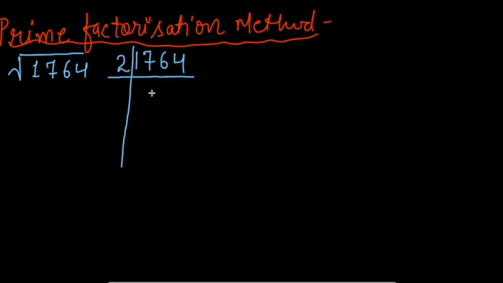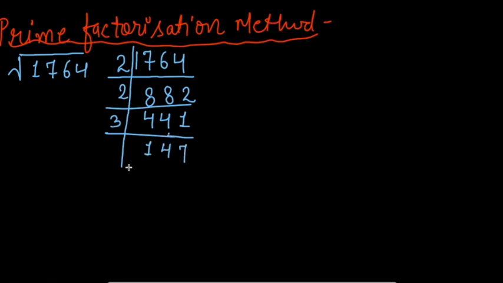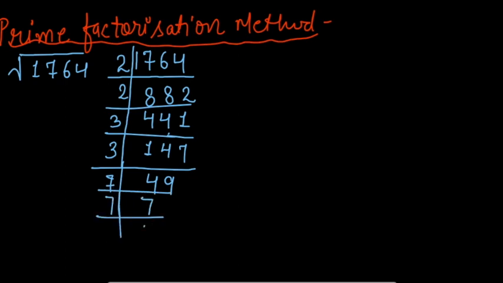This is 2 8s are 16, then again 2 8s are 16, 2 2s are 4. Then 2 4s are 8, 2 4s are 8 and 1, this goes by 3, 3 1s are 3, then 3 4s are 12 and 7s are 21. Again it is divisible by 3, then 7 7s are 49 and 7 1s are 1.